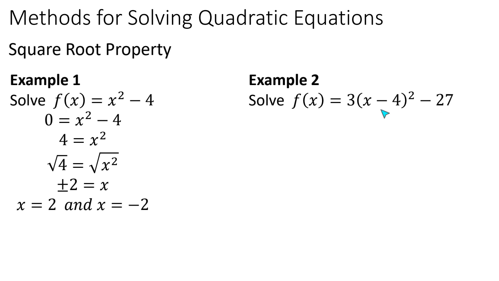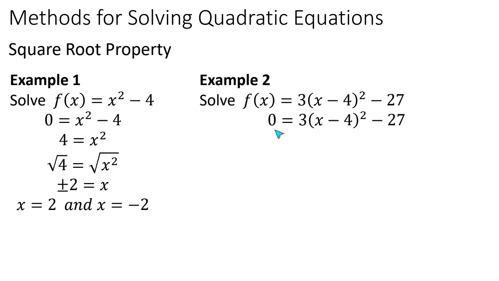Here we have 3 times x minus 4 squared minus 27. In order for us to take the square root like we did here, whatever's being squared has to be by itself. So we're going to have to get rid of this negative 27, and we're also going to have to get rid of this 3. But first, we need to make sure that we set the equation equal to 0.